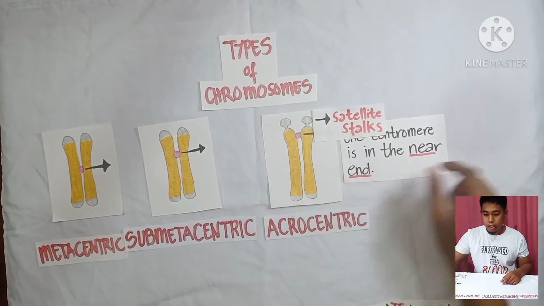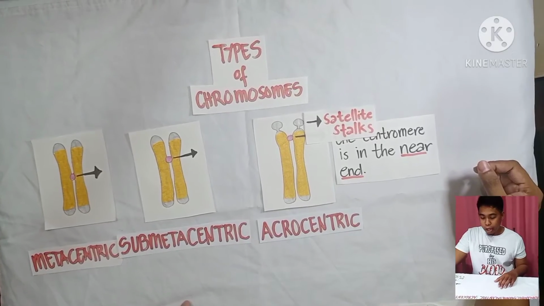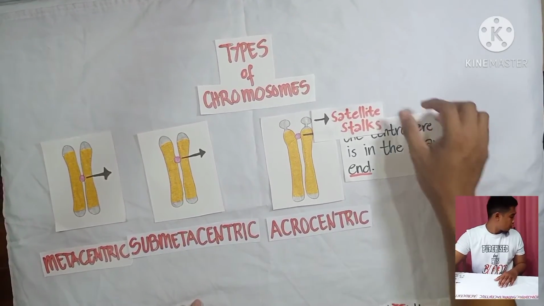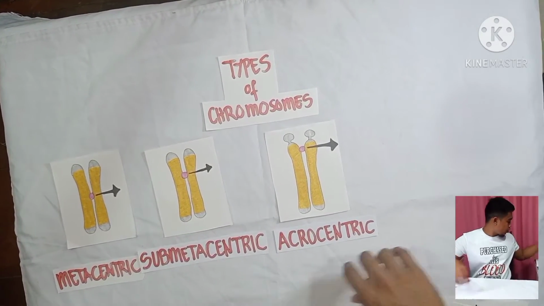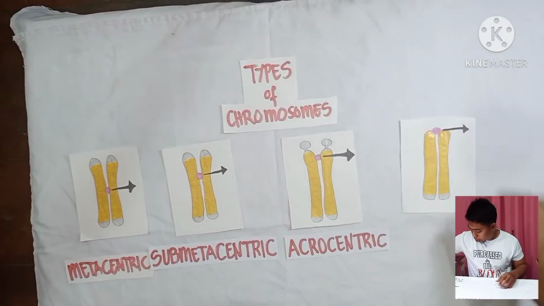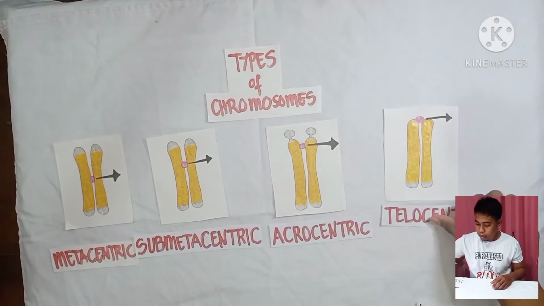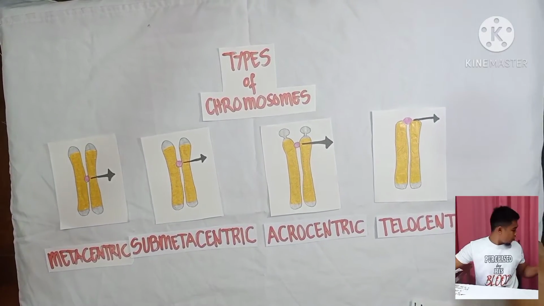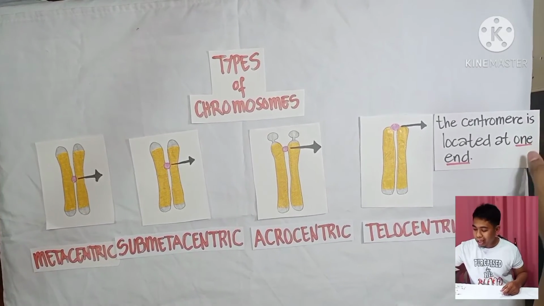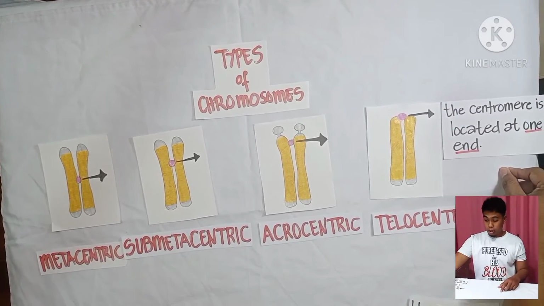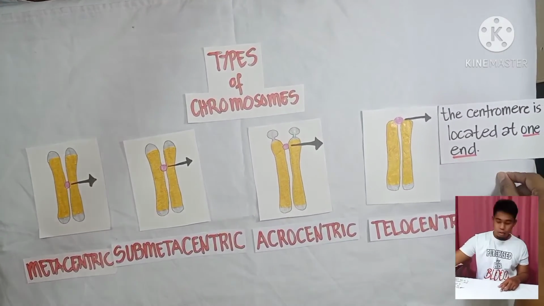This serves as identifying markers for other chromosomes. The last type of chromosome is what we call the telocentric. When we say telocentric, the centromere is located at the very end of the chromosome.